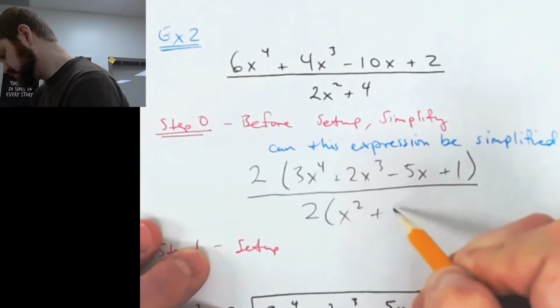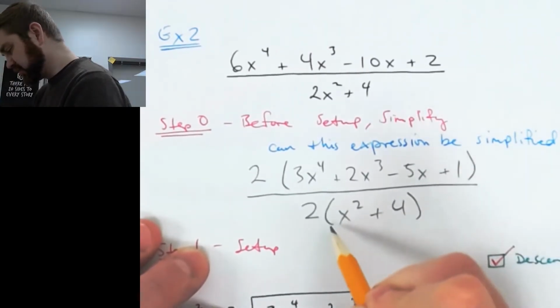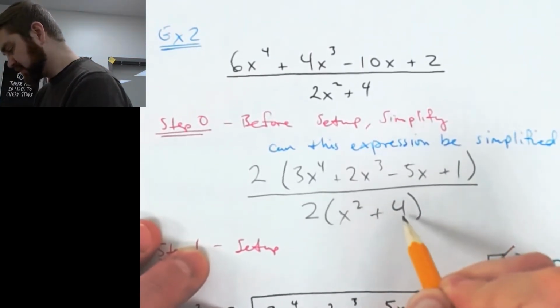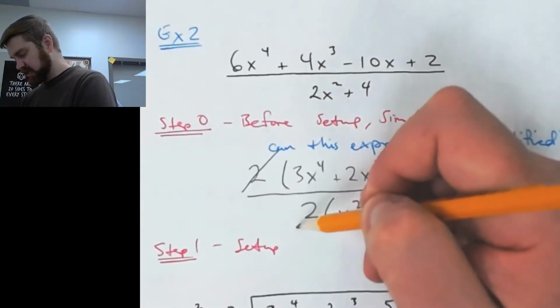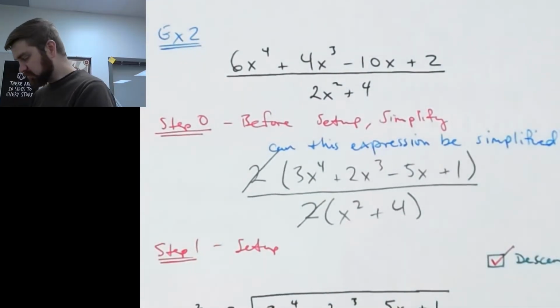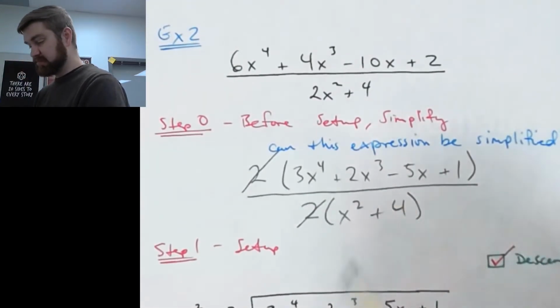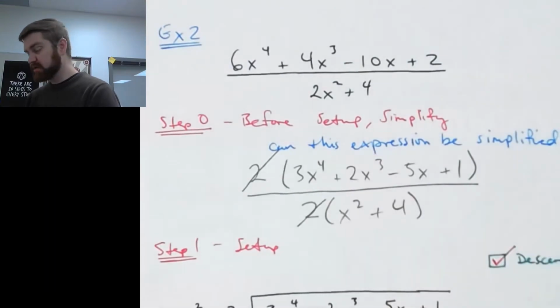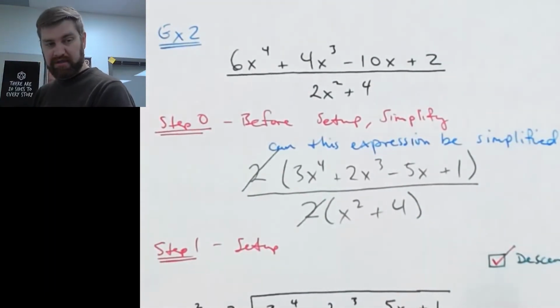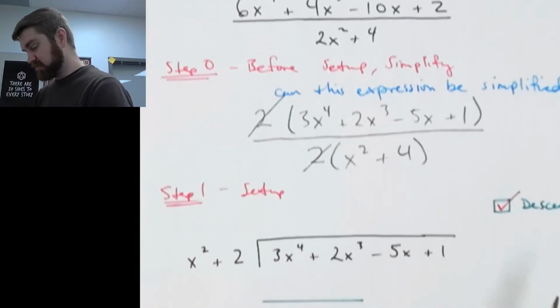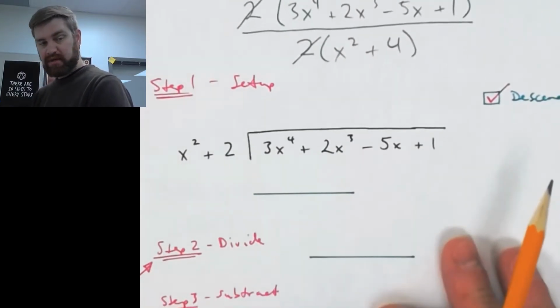Pull out a 2, giving me 2 open bracket x squared plus 4 close bracket. Now that I've done that, these cancel out, giving me something that is equivalent but simpler to work with, smaller numbers. Okay, and now that I have those smaller numbers, I can move on to the same step 1 as we did in the last example.